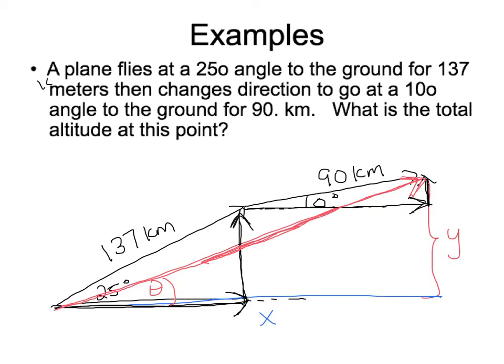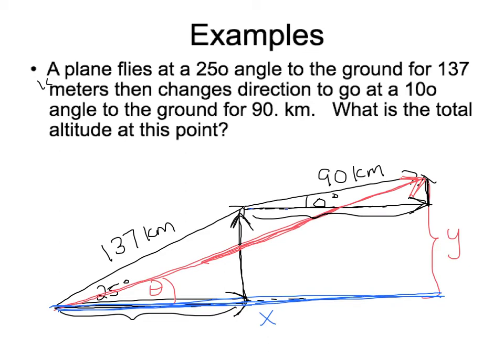So here what I have is, if I can figure out this right here, and then I can come up here and figure this right here, I basically have this whole entire x, because I'll have this part of x from here, and I'll have this part of x from right here.